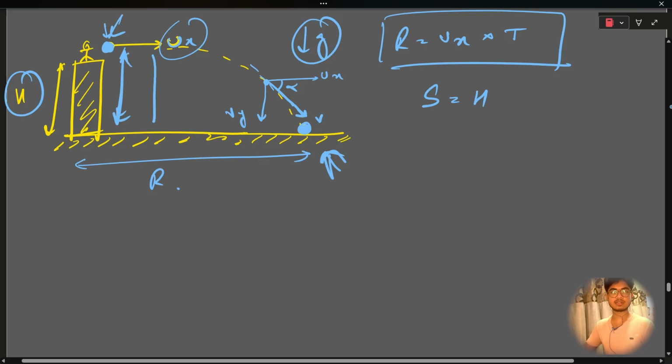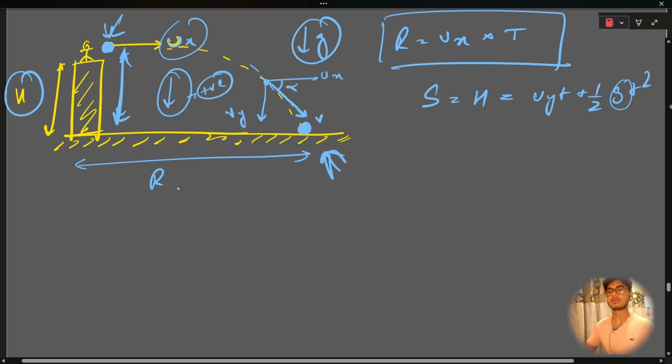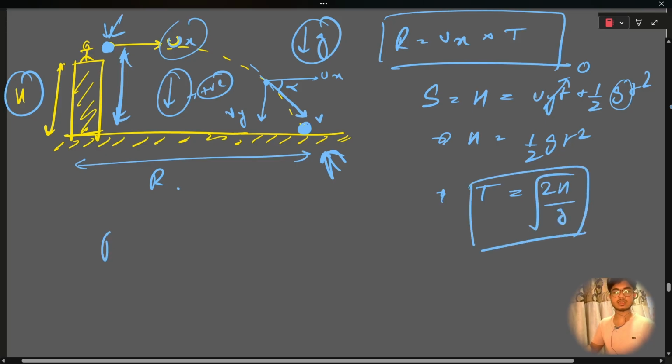So plus h equal to Uy t plus half g t square. In this case, we're taking g as positive because the downward side is positive. So h equal to half g t square, since Uy, the initial vertical velocity, is 0. Time of flight equal to root 2h by g. So the range here is Ux into root 2h by g. This is the range.